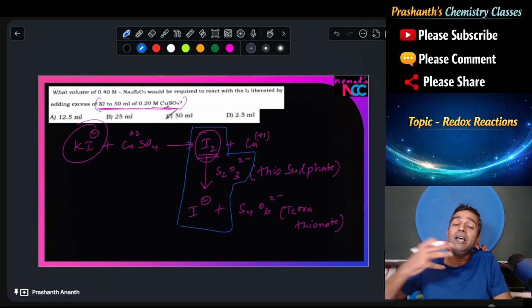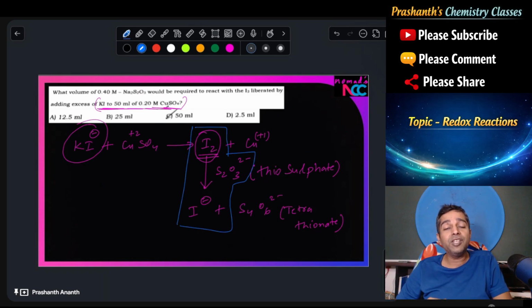Self-indicator means there is an automatic color change happening without any external indicator added. In this case though, it is not a self-indicator.